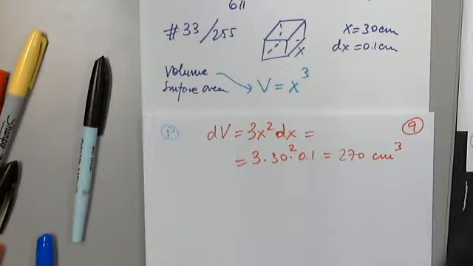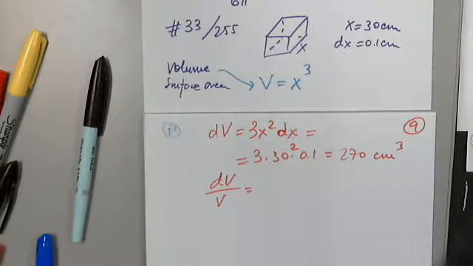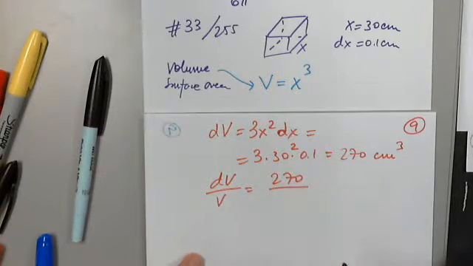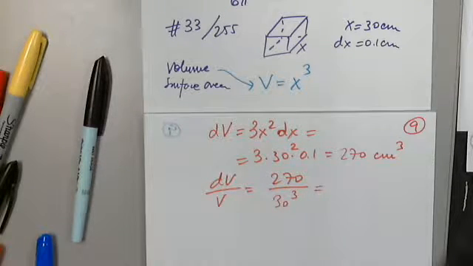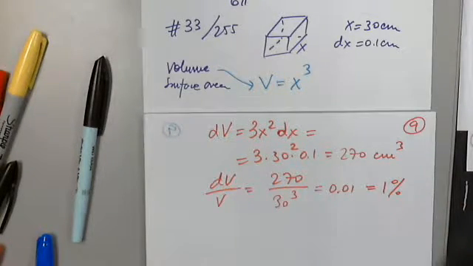Good. So now let's determine the relative error. The relative error is 270 divided by 30 to the third power. So I got 0.01. No measurement unit. And what is the percent error? 1%. Very good.